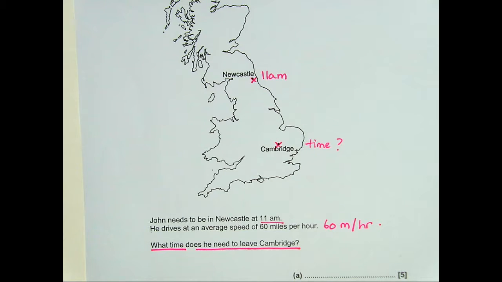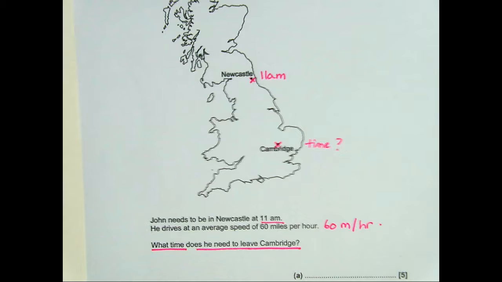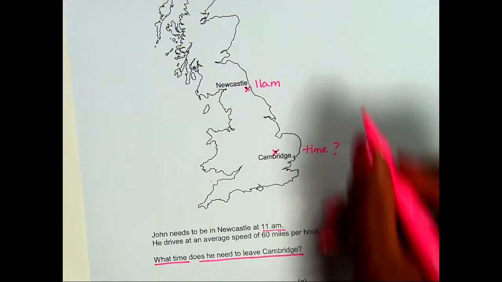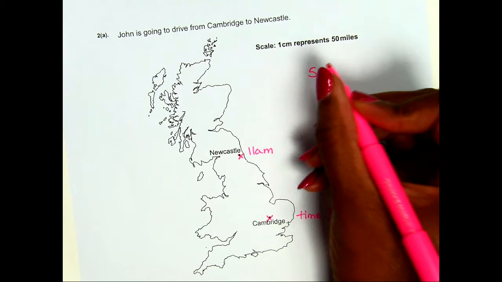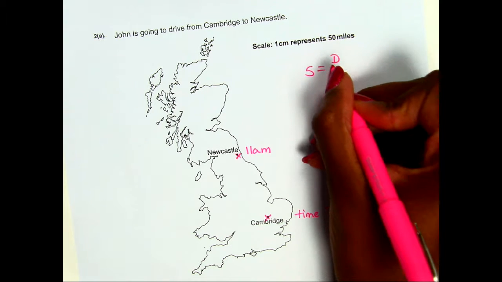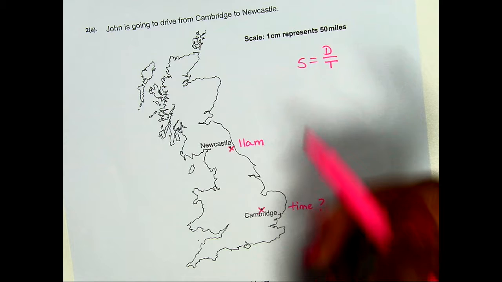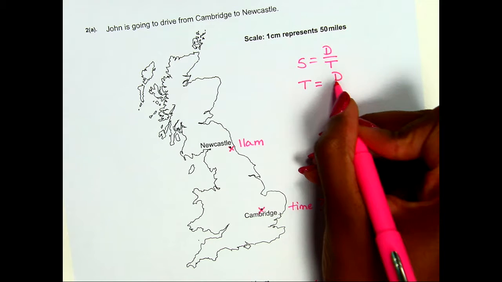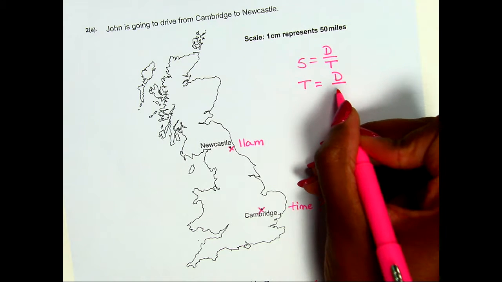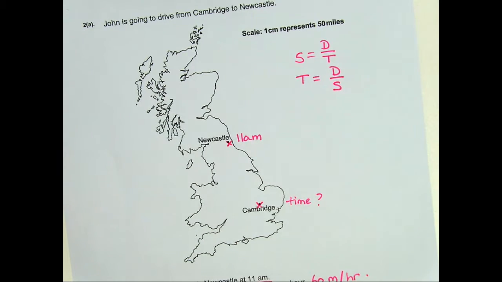Okay. Now a question like this is really important because it really is asking you to think about speed, distance and time. Okay. Now, if you've not learnt this before, speed equals distance divided by time. So if we're trying to calculate the time, time equals distance divided by speed. Okay.